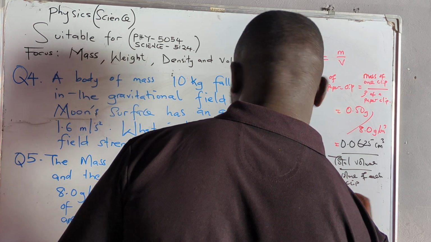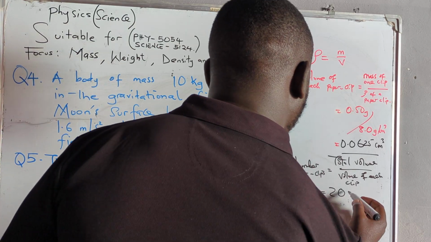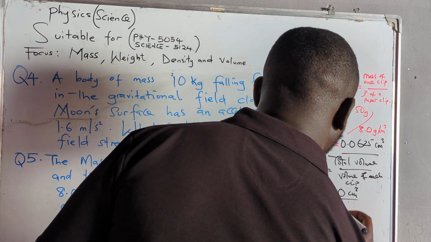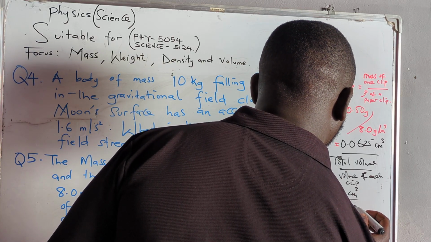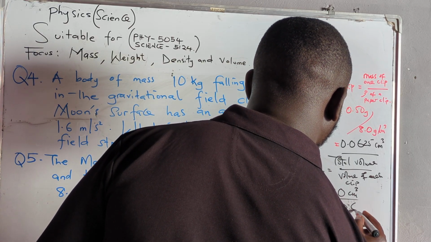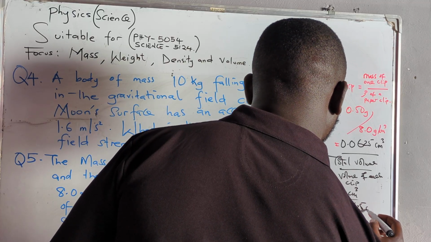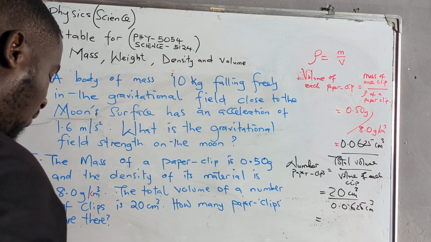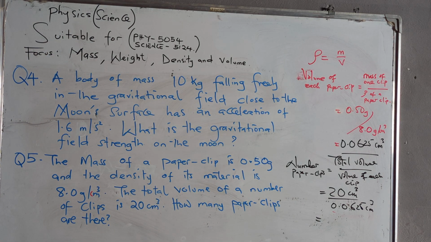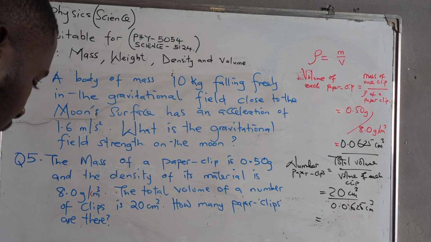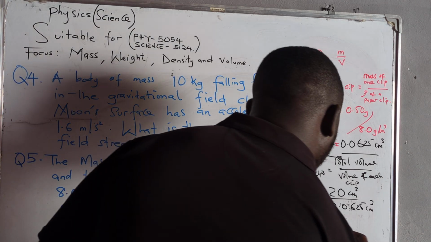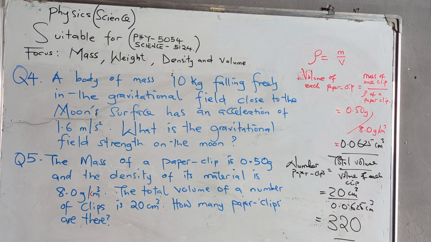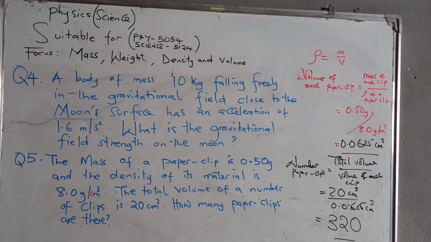The total volume we've been given as 20 cubic centimeter over the volume of each clip, that is 0.0625 cubic centimeter. This is a ratio, so the centimeters are going to cancel to get the exact number. So that's 20 over 0.0625, and you get something like 320. This is going to give us the total number of the clips that we had.